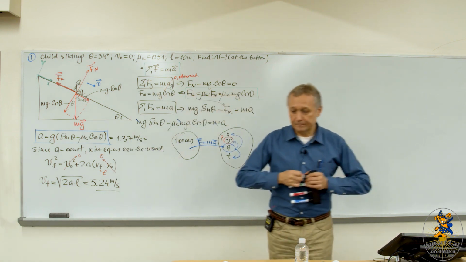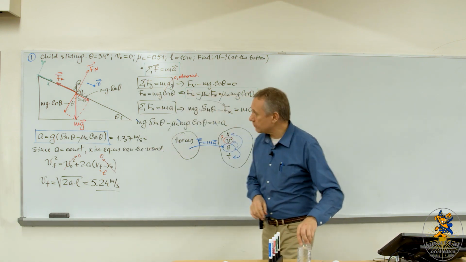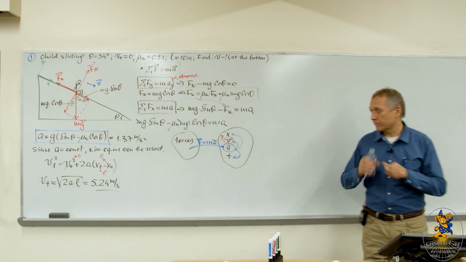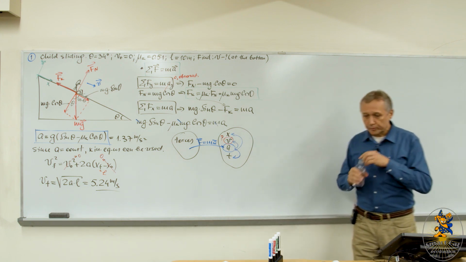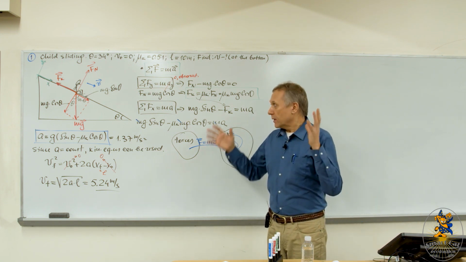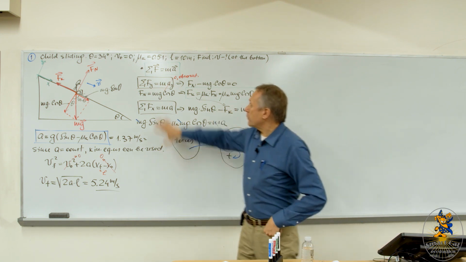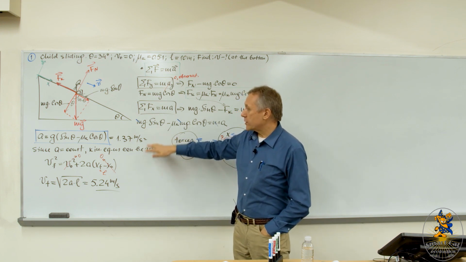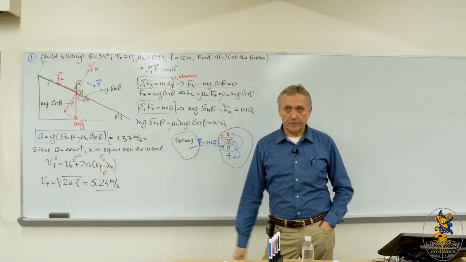Okay, it's quite a speed. To have some fun. Again, essentially, the problem consists of many steps, but ideologically, first you apply Newton's second law to find acceleration, and then one of the kinematic equations.